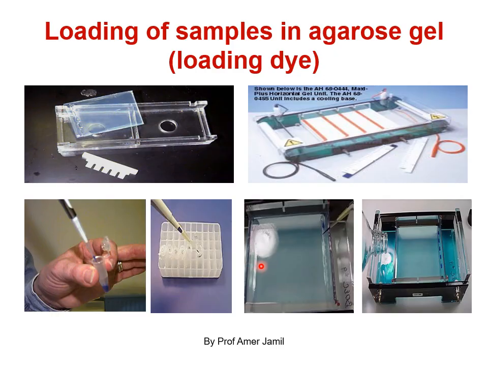So it is easier to load this colored sample, and because of the increase in viscosity, the sample remains inside the well. These are the wells which were made by this comb. So you can easily load your sample in the presence of this loading dye.